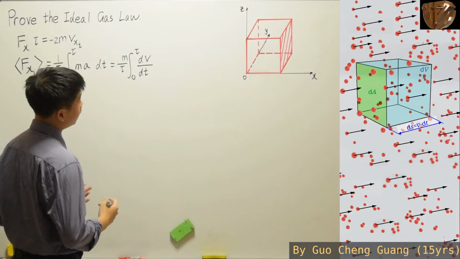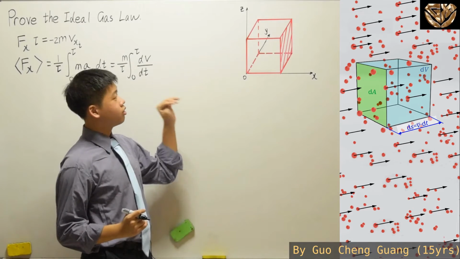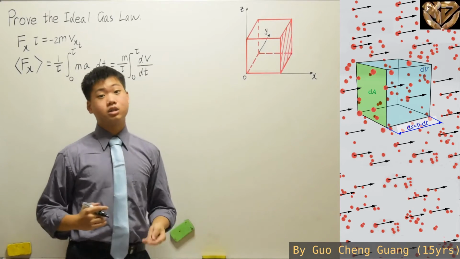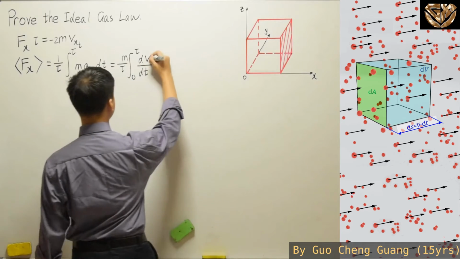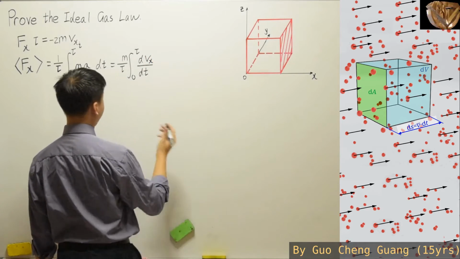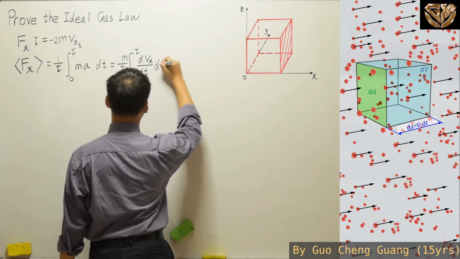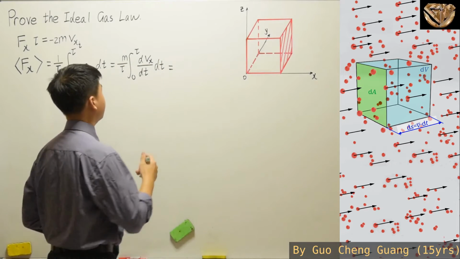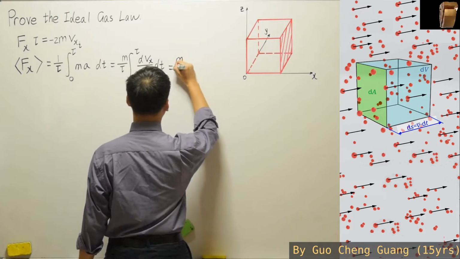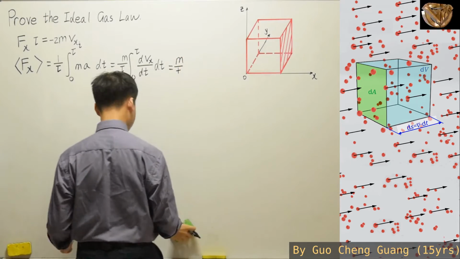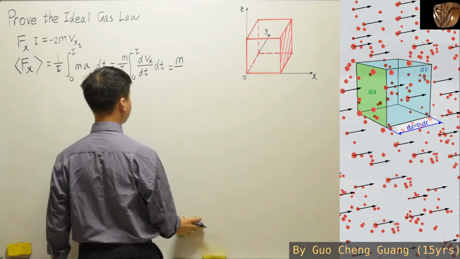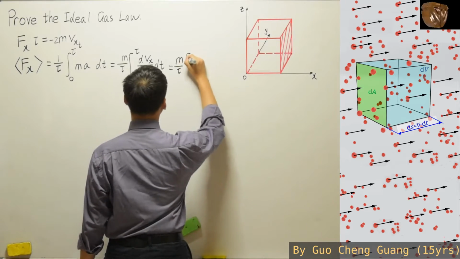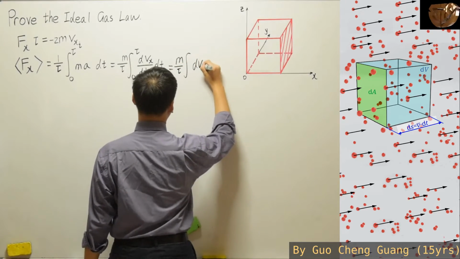So right now we are just looking at when it collides with the wall in the x direction, alright? So this is an x direction, and again dt. So how about let's change this up a little bit, where we will have m over tau and inside will be dvx.